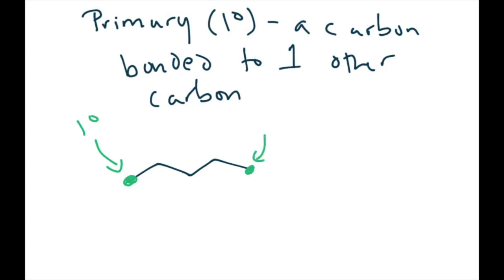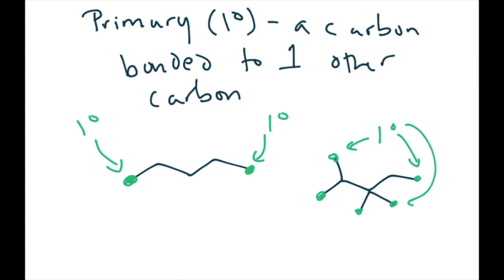This carbon is a primary carbon because it's bonded to one other carbon. If I had this, and this, these are all primary carbons because they're all directly bonded to one other carbon.